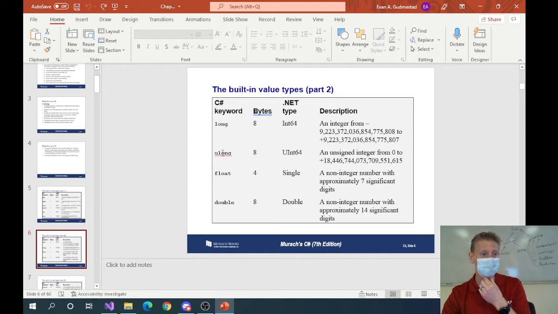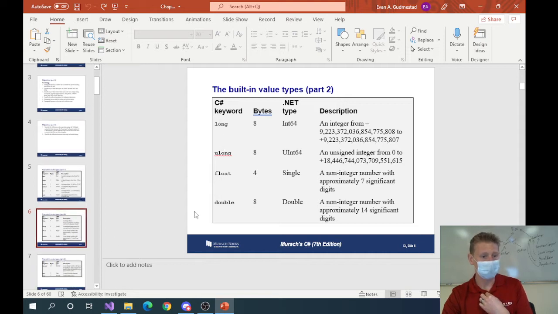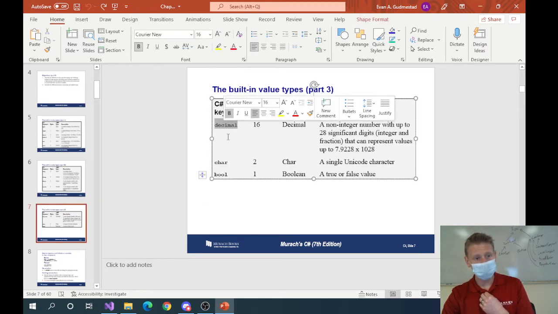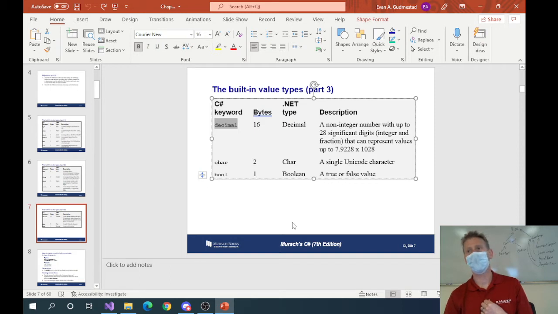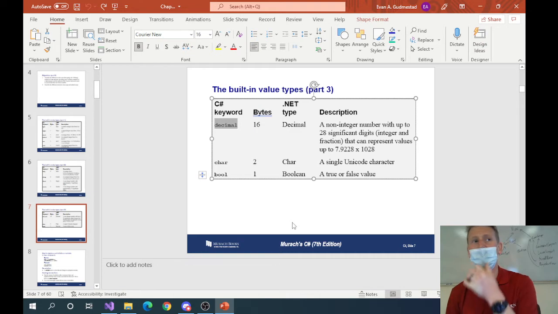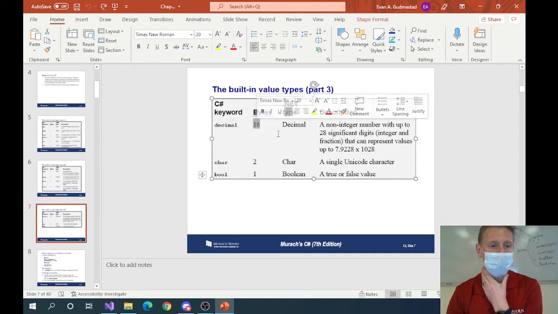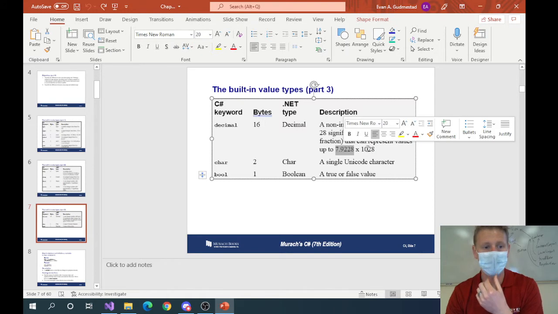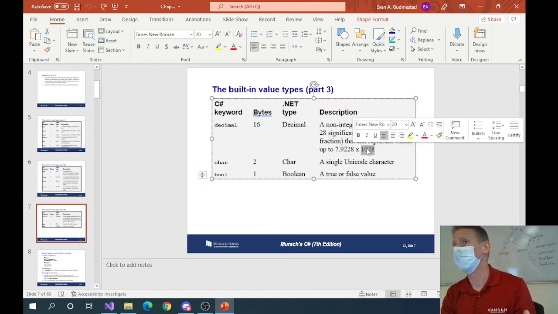Then we got longs, unsigned longs, floats, doubles. Nothing really too different there. This one's different: decimal. Now, if you read the textbook, they say decimals are really the data type you should use for storing monetary values, because these are pretty good at high precision when it comes to decimal points.